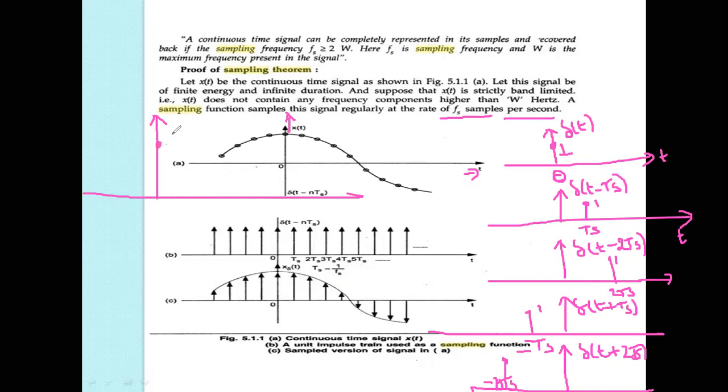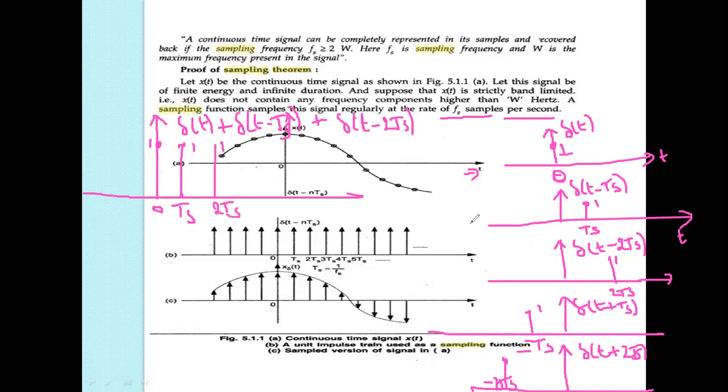First one is delta of t plus delta of t minus Ts. I am adding these two functions, so this value also gets 1. Plus delta of t minus 2Ts, which is also added.